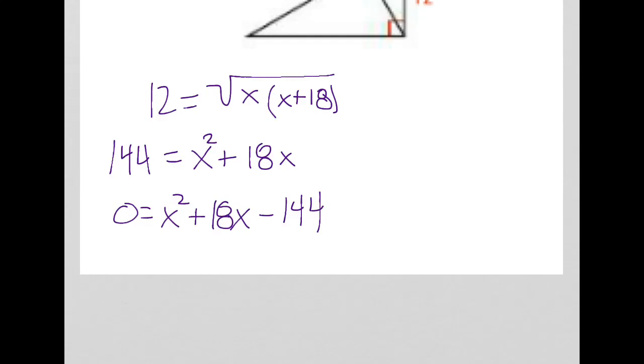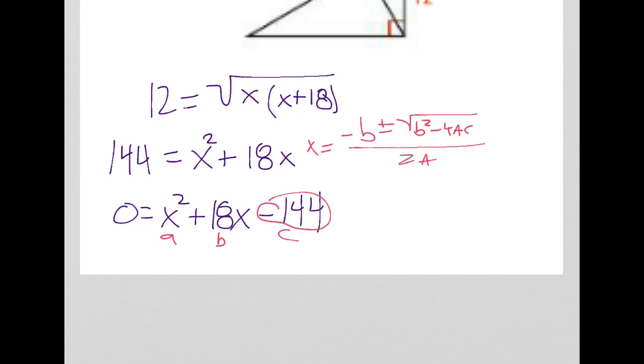use the quadratic formula. Remember, quadratic formula is negative b plus or minus the square root of b squared minus 4ac, all over 2a, and that is x equals. Okay, and remember that this is your A coefficient, that's your B coefficient, and that's your C coefficient, and it has to include that negative.